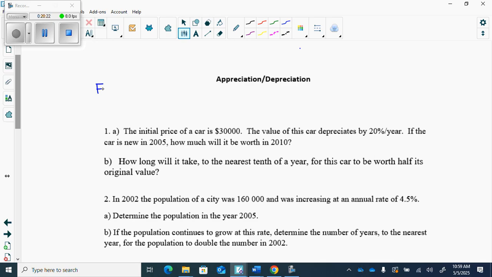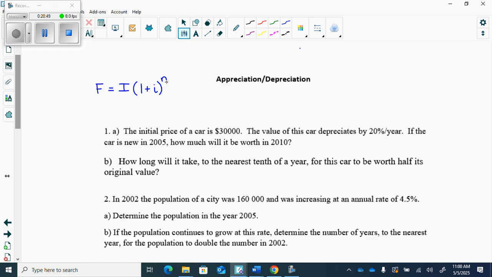So it's our final equals our what amount? Remember? Initial. True. And then if it's appreciating, it's increasing. So we're going to have 1 plus the interest rate. And that interest rate's going to have to be in decimal, correct? Because 1 is 100% in a decimal. Yes? And then n is going to be the number of years.